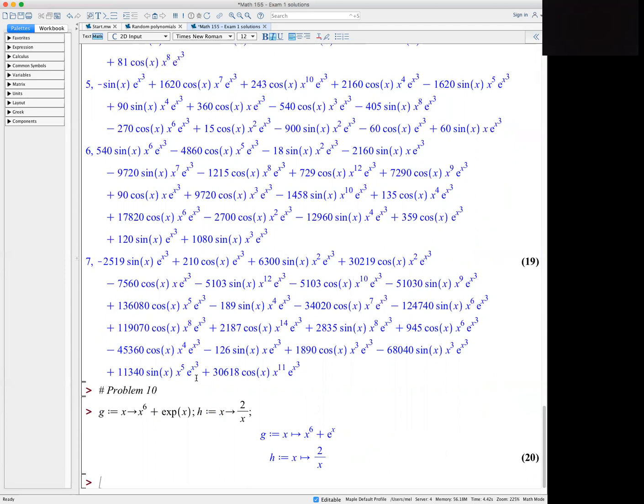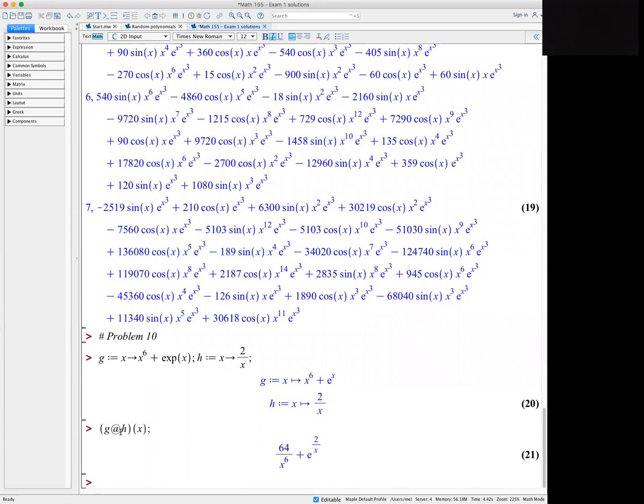So what is the composite function g of h of x? You put 2 over x in for x. So you get 2 over x to the 6th, 2 to the 6 over x to the 6th.